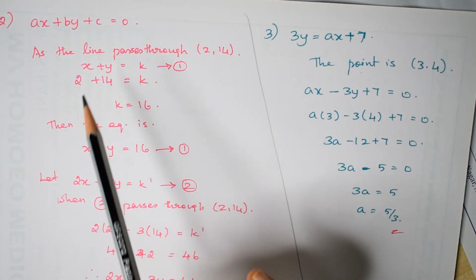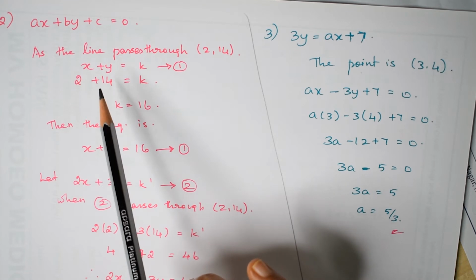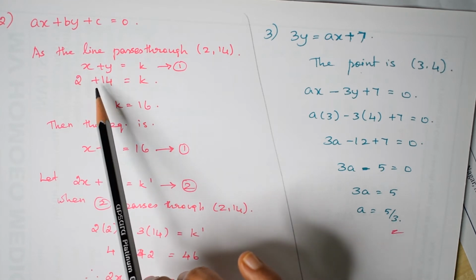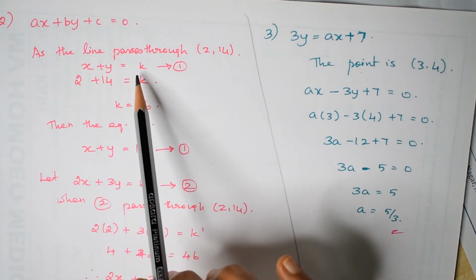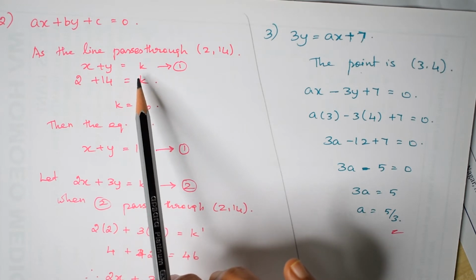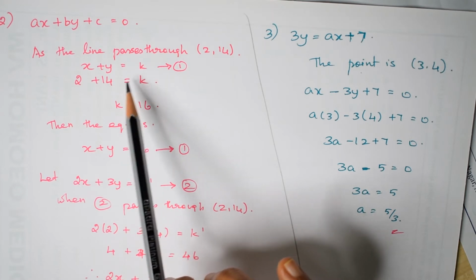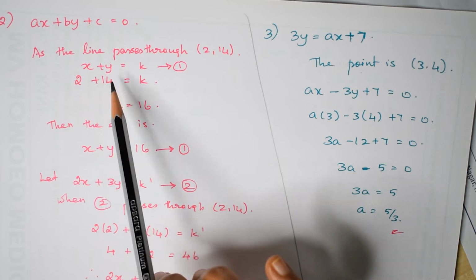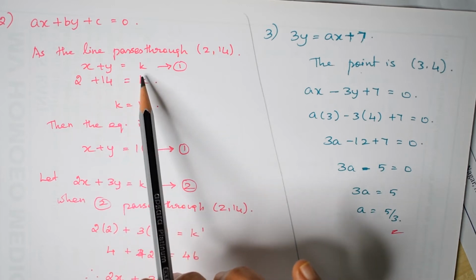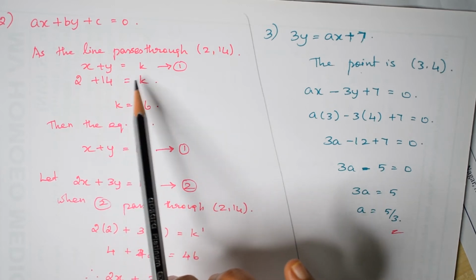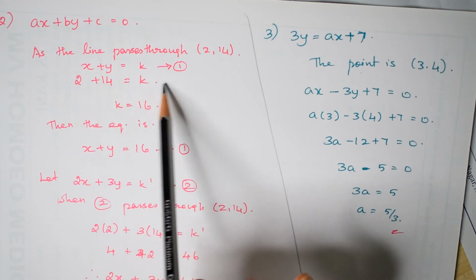Let us make the equation. We are making the equation, so we can write anything. I am making the equation as x plus y is equal to k. K is going to be the constant, and we have to find the value of k. The x coefficient is 1, the y coefficient is 1, and k's value we are going to find accordingly. Let this be the first equation.